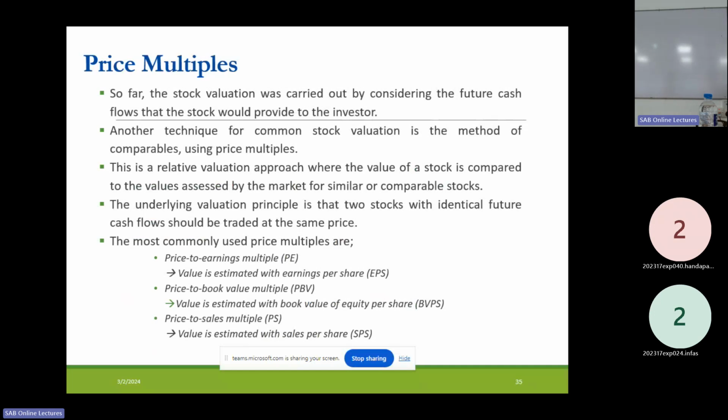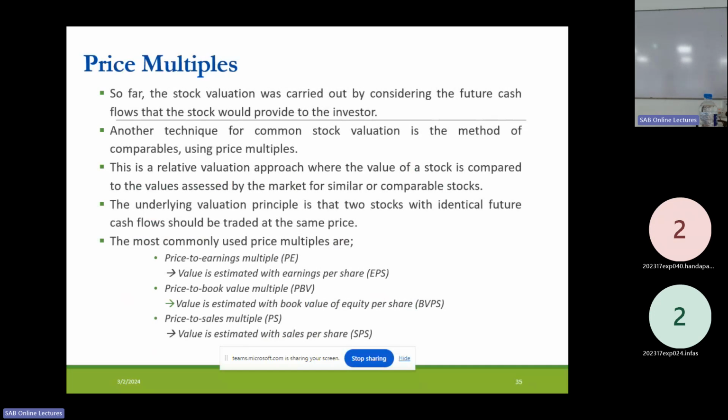Price multiples are highly applicable in the real world. Financial analysts, investment analysts, or managers mostly use these price multiples when doing stock market investment to identify undervalued and overvalued stocks. This is practically highly applicable.